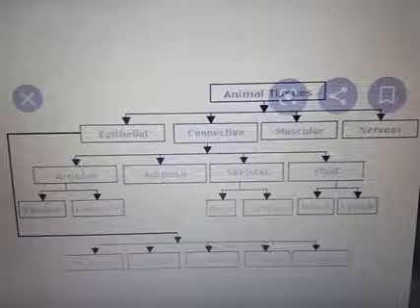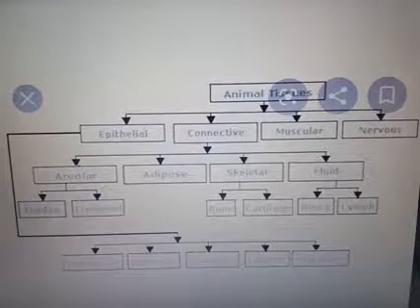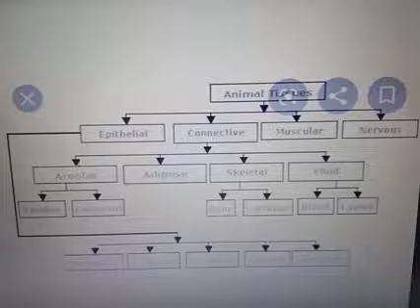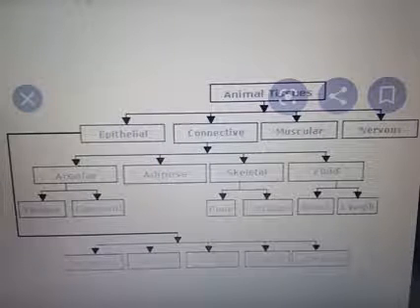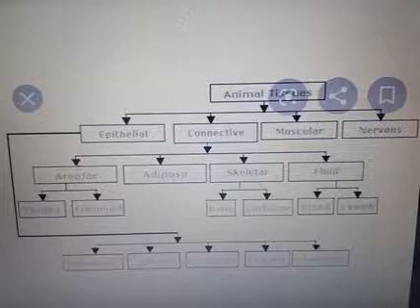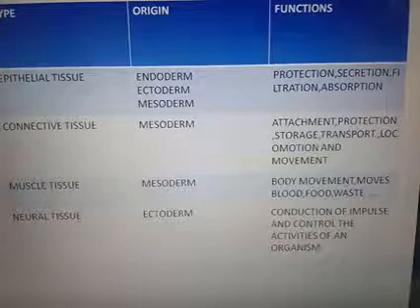In this chapter we are discussing all these classifications. First of all, we are discussing the epithelial tissue.